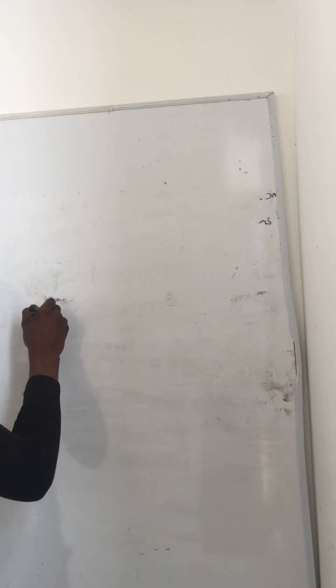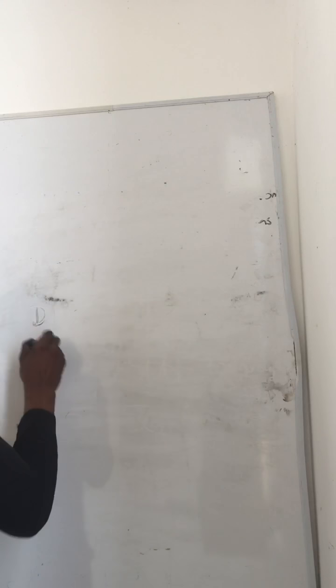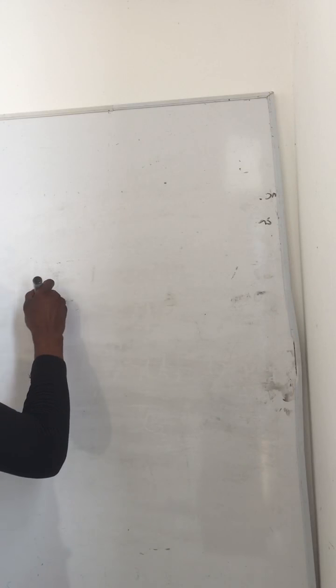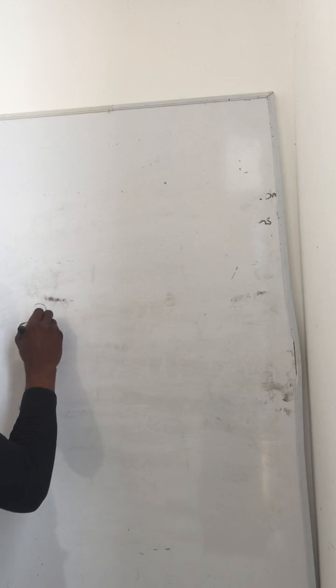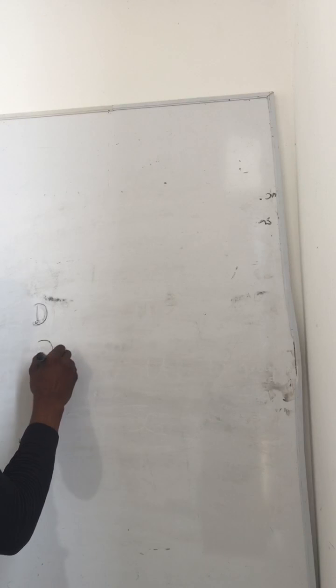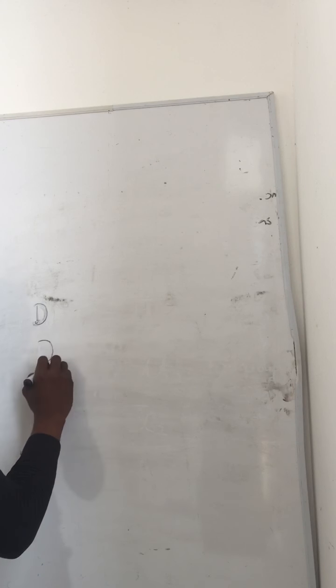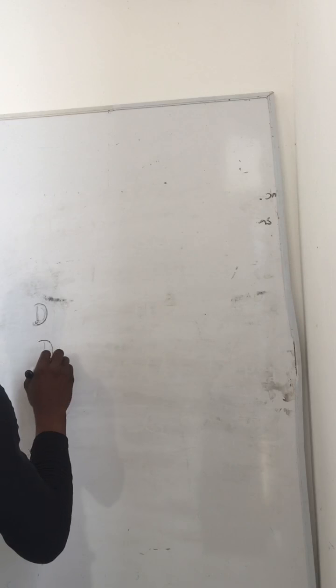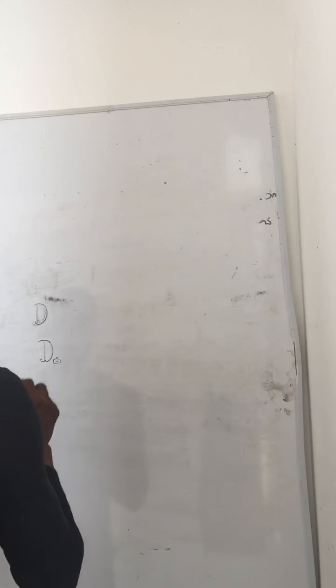So D is for dewormed, and D naught is for undewormed. I hope you're taking note of the question.